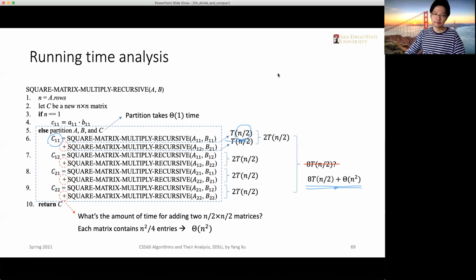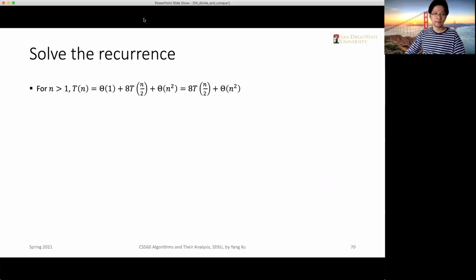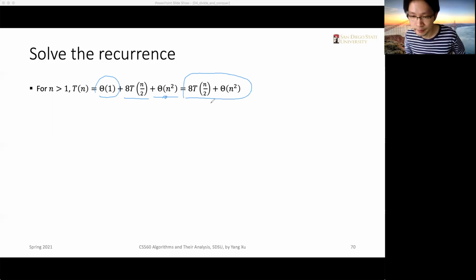Then it's time to take everything together, right? The total running time should be the summation of these components. This is the partition step, the recursive calls, and the summation within the recursive calls. And that comes into this final form, which is a times T of n over 2 plus big theta of n squared.